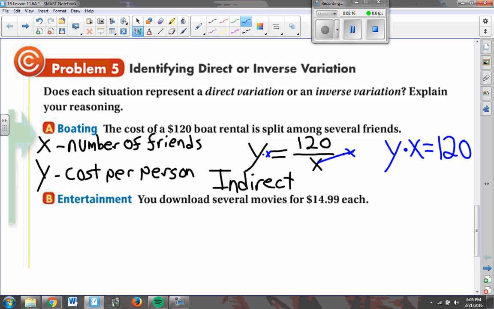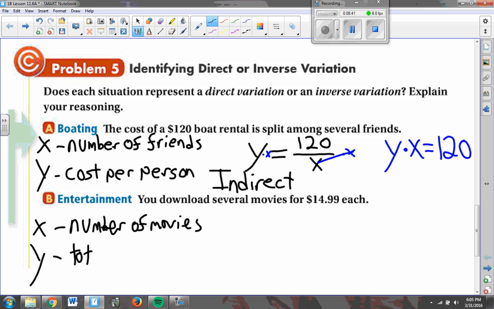Letter B, this other situation that you might run into, we are downloading several movies for $14.99 each. Again, we just need to think about what our x and y variables are here. X could be the number of movies, and y could be total cost, how much it's going to cost me.